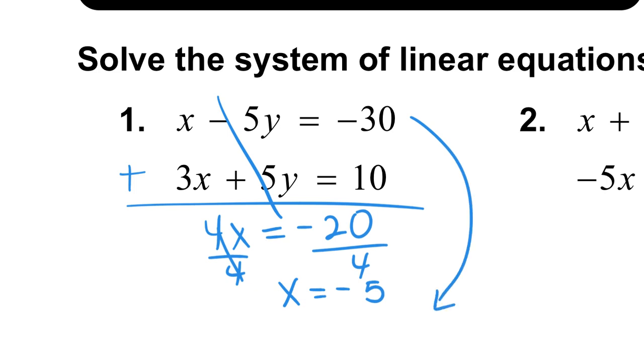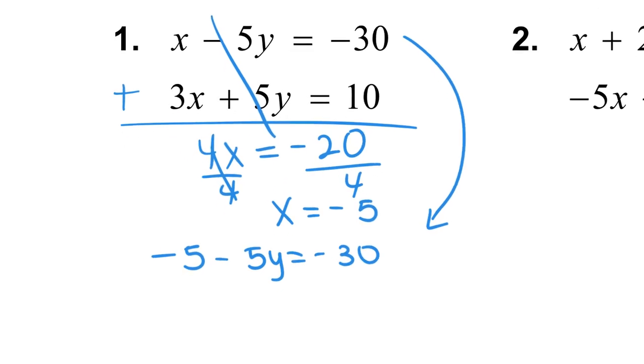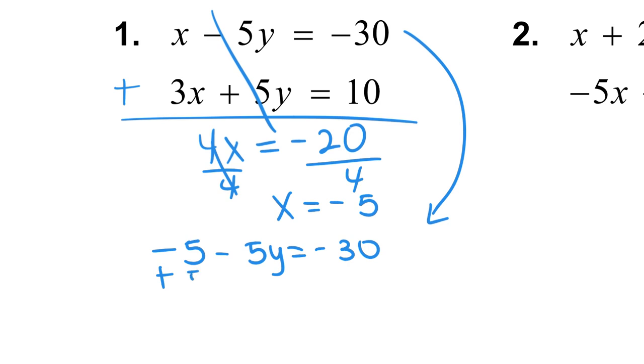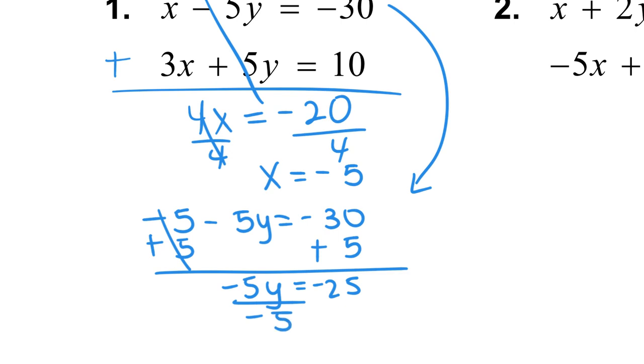We'll use the first one, which gives us, substituting x for negative 5, minus 5y equals negative 30. We're going to add our constants to the same terms, which cancels out and gives us negative 5y equals negative 25. If we divide by negative 5 on both sides, we're left with y equals positive 5. Therefore, our answer is going to be negative 5, 5.